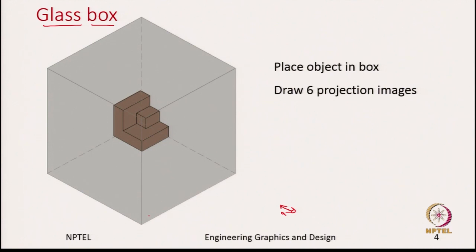So, in this case this is the plane. These are the 4 projectors which are used to capture the boundary of this front view. So, here is the front view. Let me say that this plane on which we are drawing the front view is called the frontal plane.